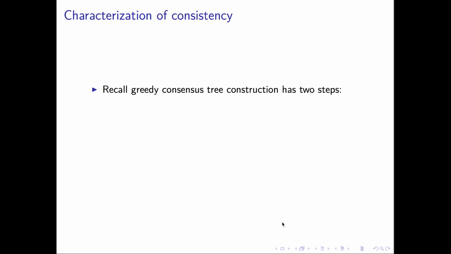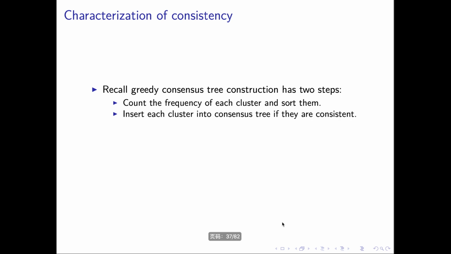So recall that the construction of the greedy consensus tree contains two steps. The first step is to count the frequency of each cluster and sort them according to their frequency. The second step is to insert each cluster into the consensus tree if the cluster is consistent with our consensus tree. So the first step is relatively easy.